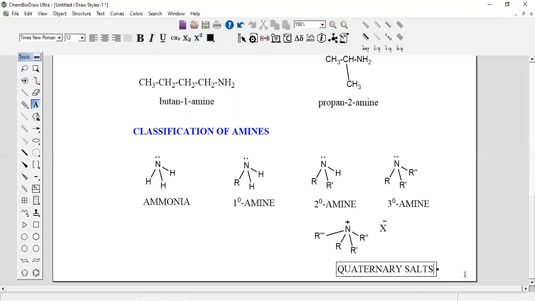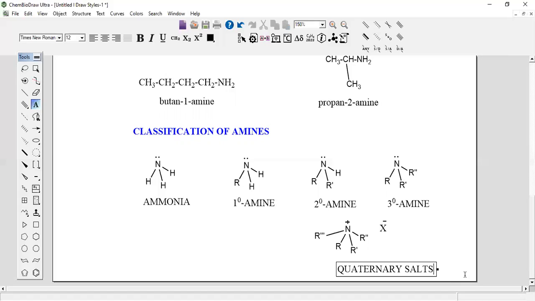These are called quaternary salts, that is, 4 degree amines. Therefore, amines are classified into four categories based on how many hydrogens from ammonia are replaced by alkyl groups: primary amine, secondary amine, tertiary amine, and quaternary salts.